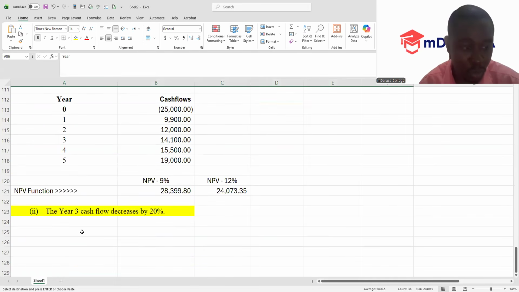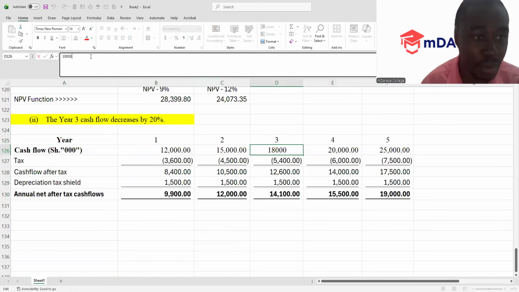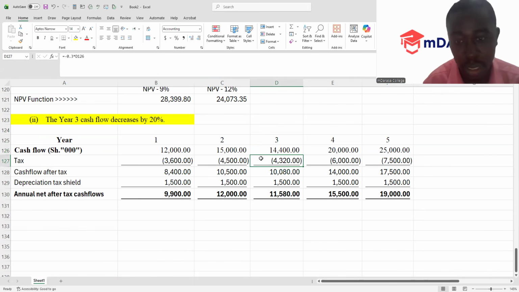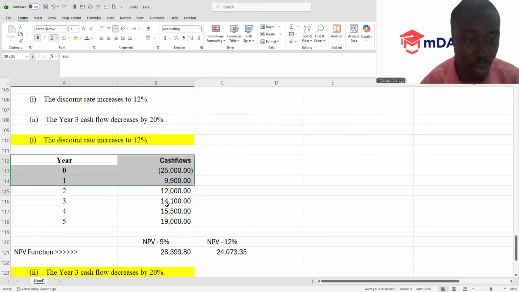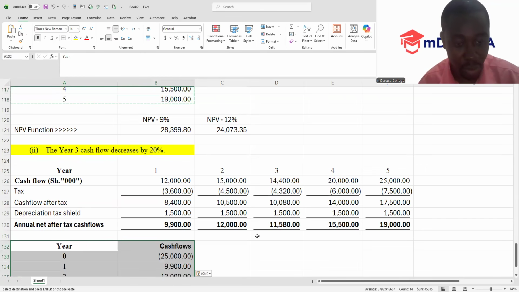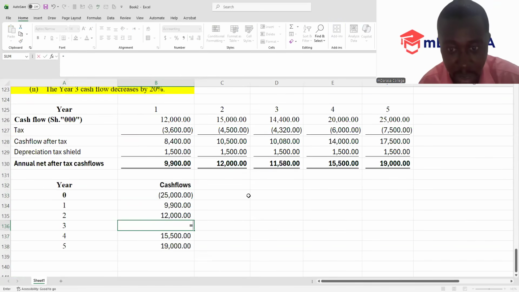So we have it at this point. What we are reflecting is that year 3 cash flows is decreasing by 20%. So ideally, we do 80%, yeah, 0.8. So that eventually this will be our cash flows. And all of this will be the same, only that year 3 cash flow is the one that is changing.